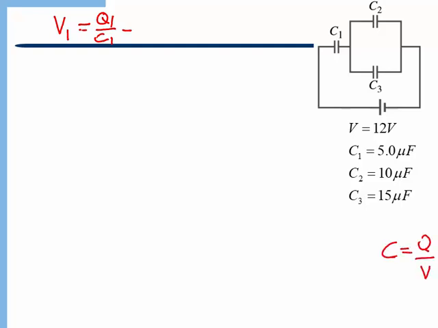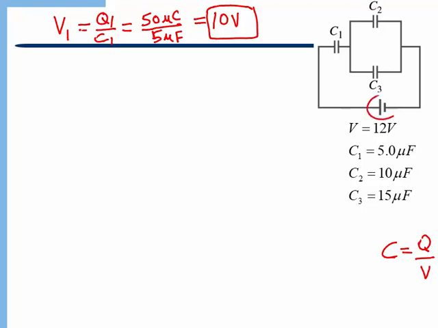That's how I'm coming up with these different equations. So we get 50 microcoulombs divided by 5 microfarads. And notice that if we have microcoulombs divided by microfarads, that just gives us volts. And so we find the voltage across capacitor 1 is 10 volts.